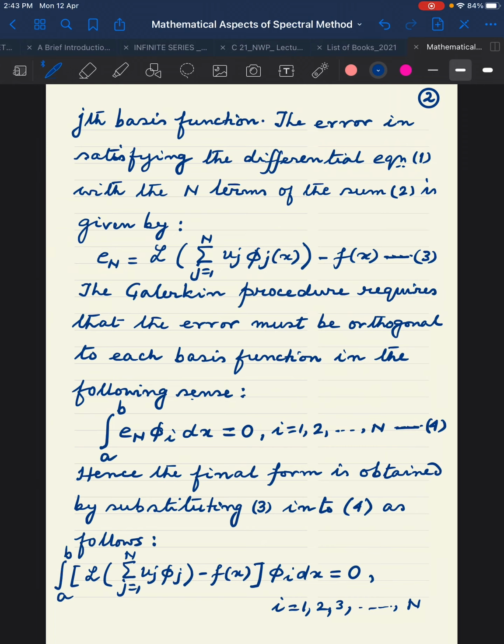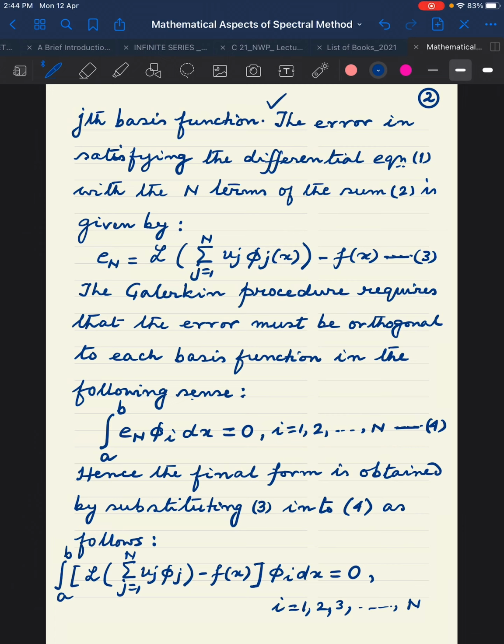Now definitely when we are approximating it, there is some error. Whenever you apply any numerical method, you must be very careful about the error incurred, so that it does not go unbounded. When a method is developed, the error is taken into consideration so that it does not amplify.